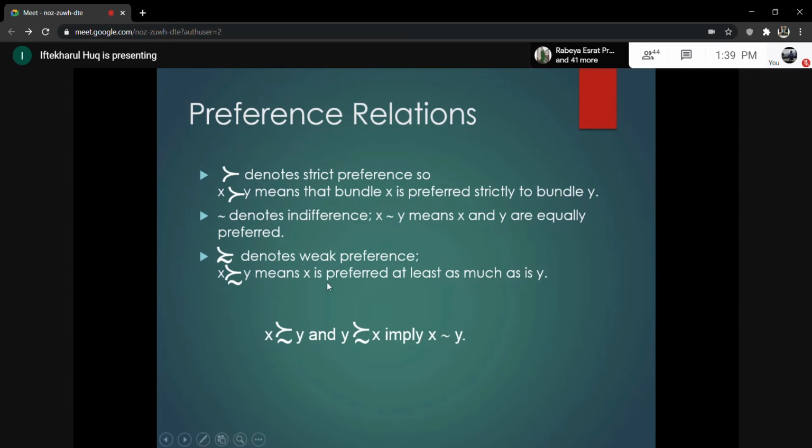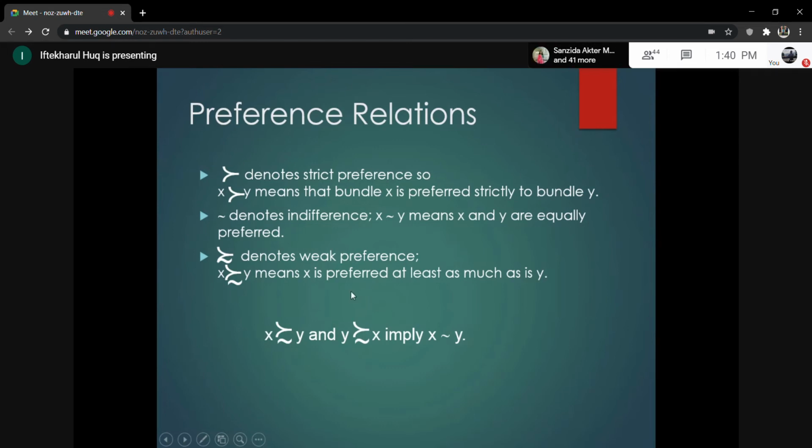Now, if I say X is at least as good as Y, and then I'm also saying Y is at least as good as X, what does that mean? The only way I cannot contradict myself is by saying that X must be indifferent to Y. I repeat: if I say X is at least as good as Y, and again I'm saying Y is at least as good as X, it sounds like a contradiction.